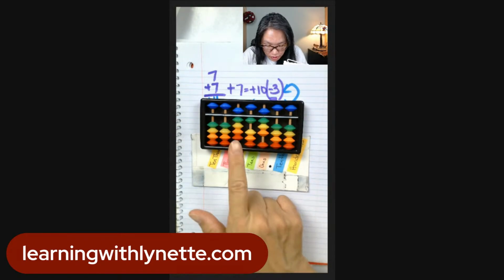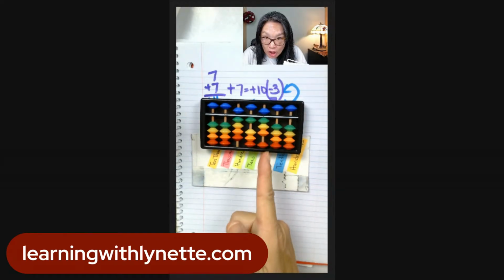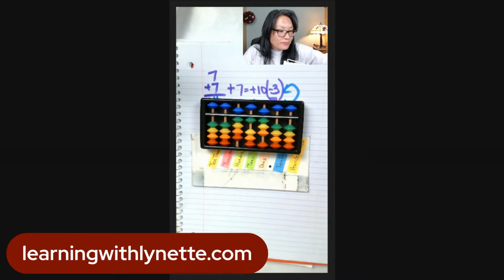Does that make sense? So now we have hundreds, tens, and ones. Every column is a place value. Does that make sense? Yeah? James, still talking to you.